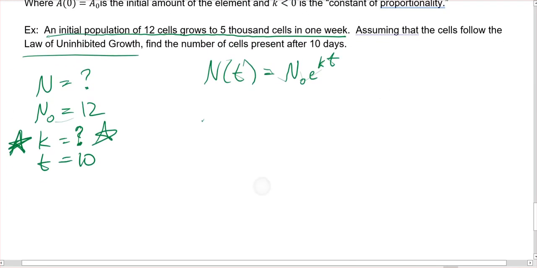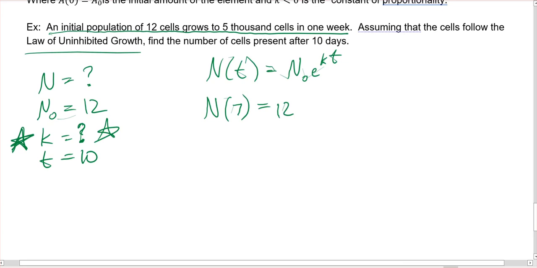That means the amount after 7 days would be the number I started with times e to the k times 7. So we're just plugging in what we know and solving for what we don't know. N of 7 is going to grow to 5,000, isn't it?